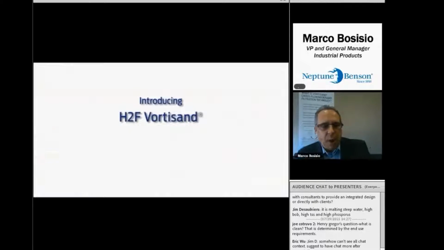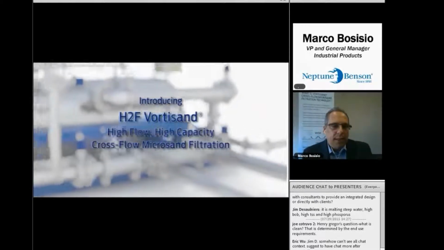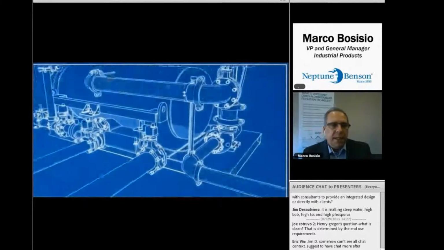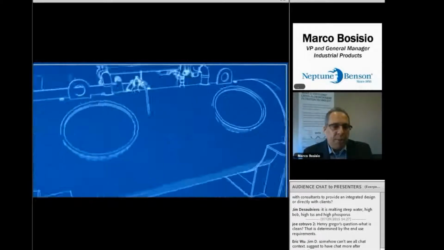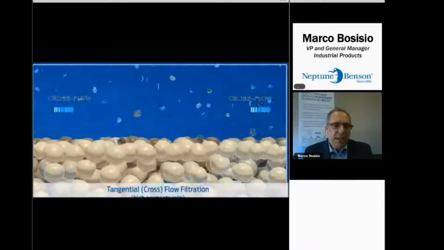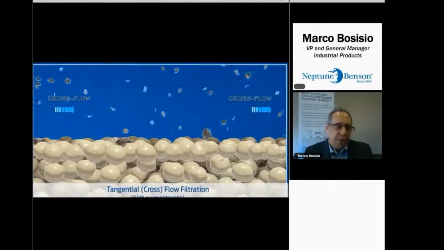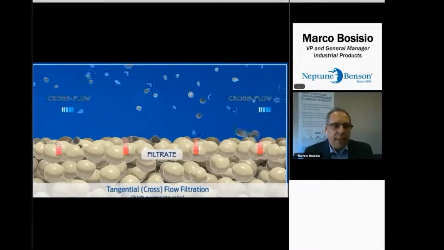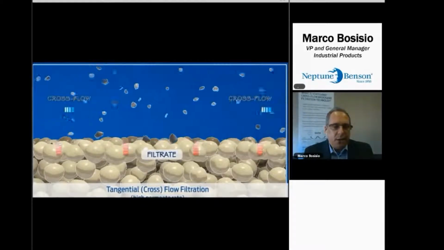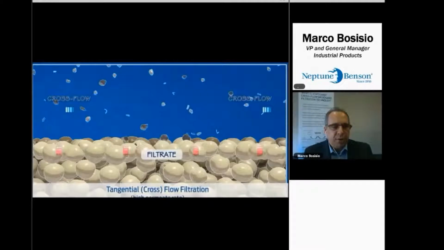So we have a small video here that explains how the water comes in the system. This is an H2F model that allows to treat up to 1,200 GPM. But water comes in and it sweeps the surface of the media, allowing to avoid this accumulation of solids at the top surface.